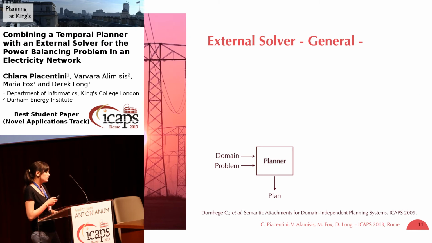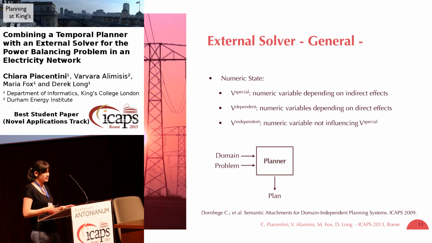So we have a planner where we have a numeric state. We can divide the variables in this numeric state in three categories. We have the special variables, which are the numeric variables that describe indirect effects.